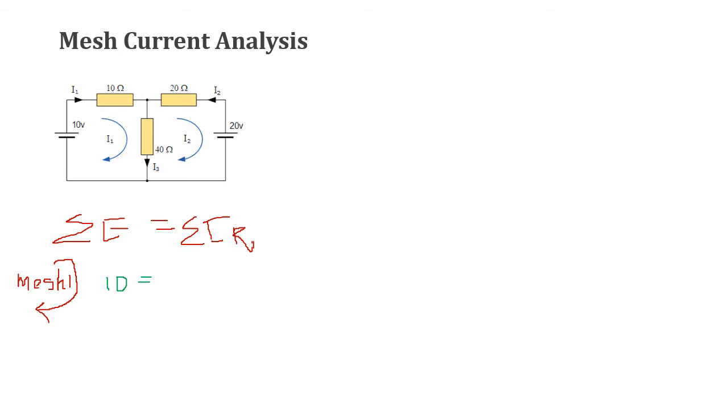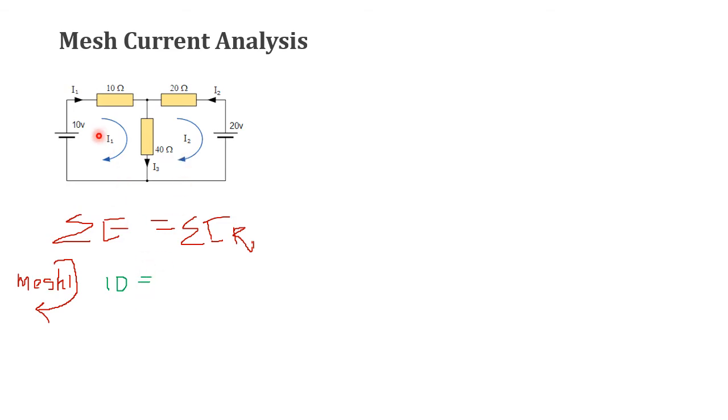Here we are not going to think about the directions of I1 and I2 as drawn. We are only focusing on the loop current and loop direction, or mesh current and mesh direction. Our assumption is that I1 is flowing through this entire mesh, and in the same way, in the same direction, I2 is also flowing.